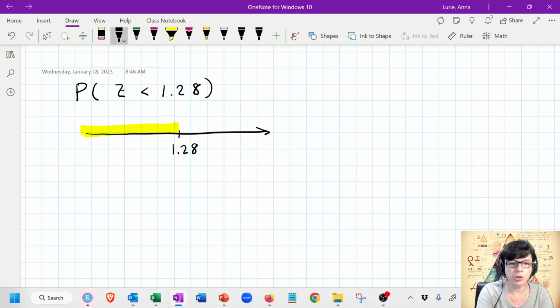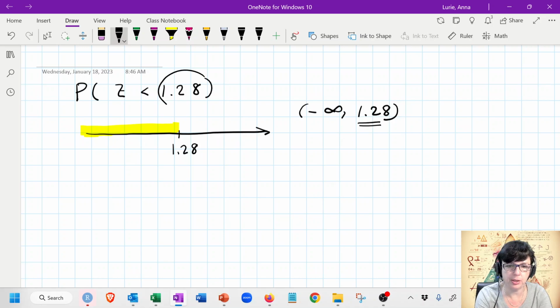In interval notation, that can be written as -infinity to 1.28. So the upper bound of the interval is this number. Anytime you are finding the probability of less than, you want the upper bound, which in Desmos is called the maximum. That would be 1.28, and the minimum would be -infinity.